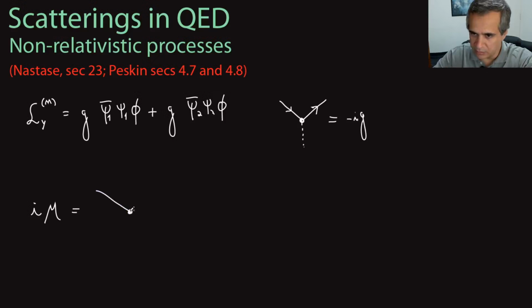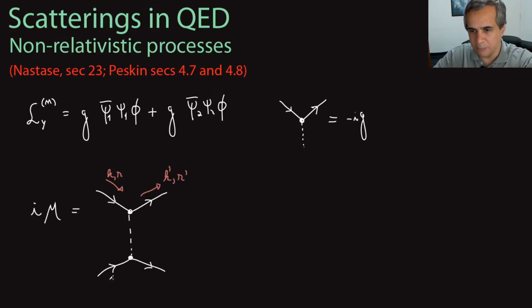I have two diagrams, which I'll draw here now. So there's one fermion scattering another one. And let me label everything here. So this guy is incoming with momentum k, spin r. This one is outgoing with momentum k prime, spin r prime.